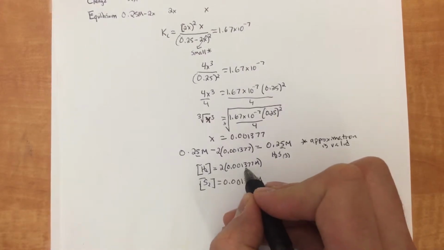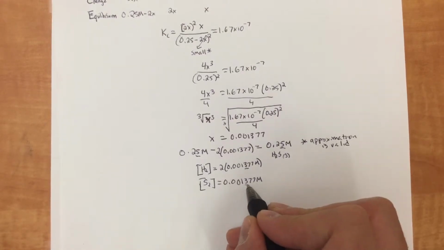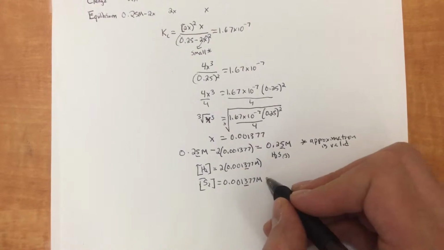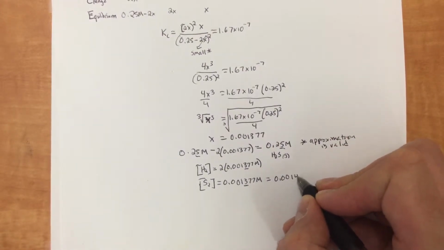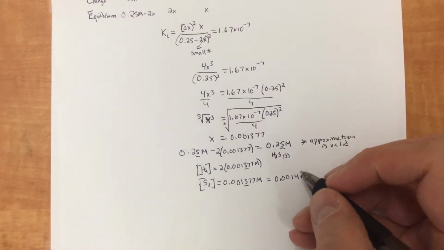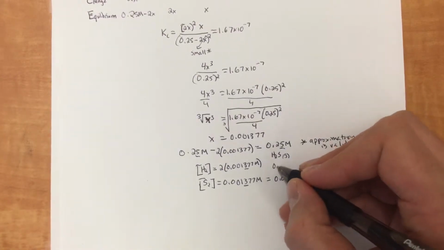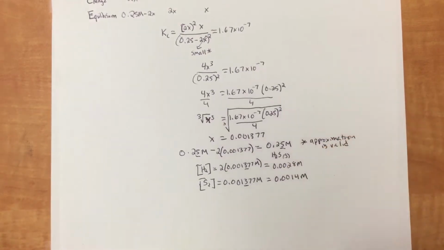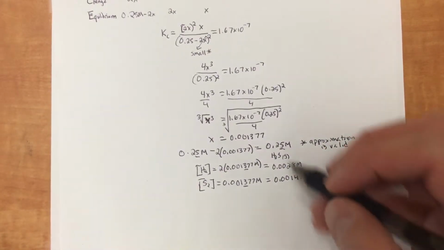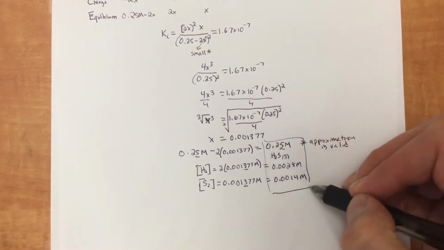The significant digits here, given our initial value, will be in this place. So you have 0.0014 molar for S2 gas and 0.0028 molar for H2 gas. There's our answer.